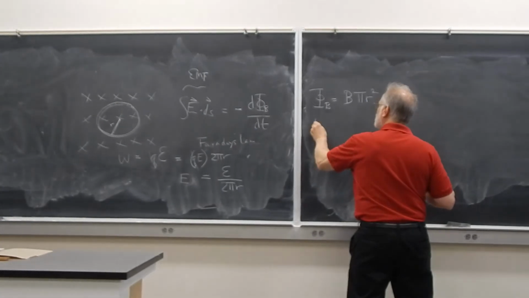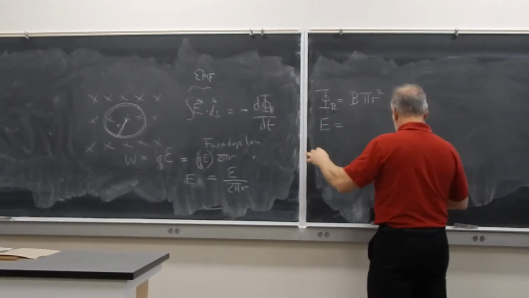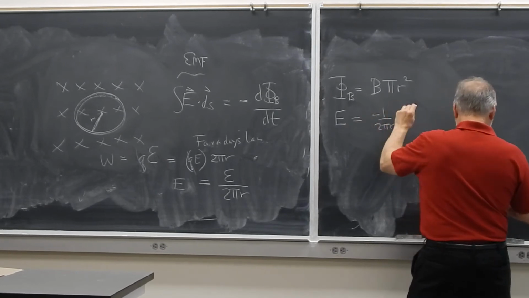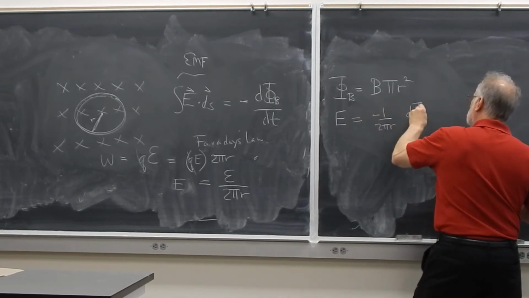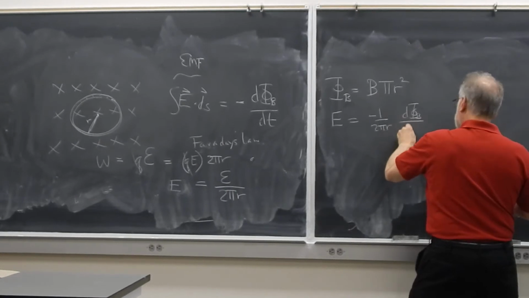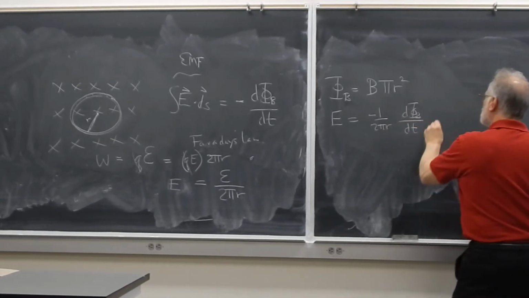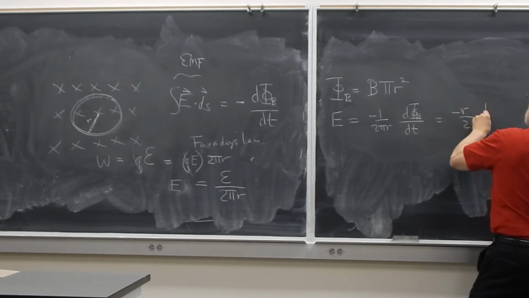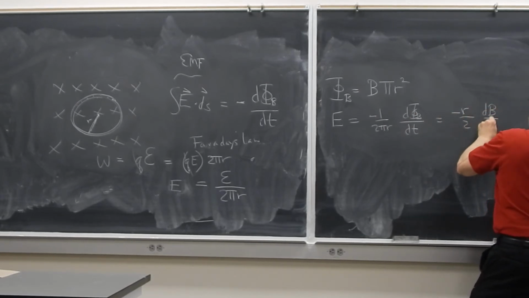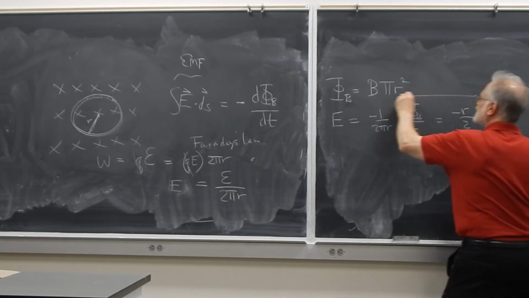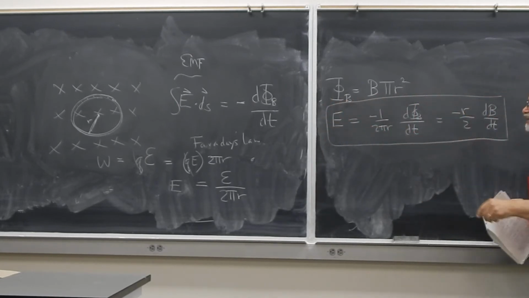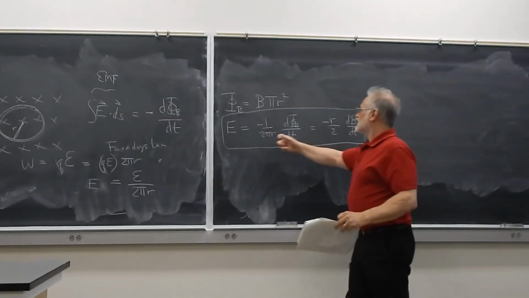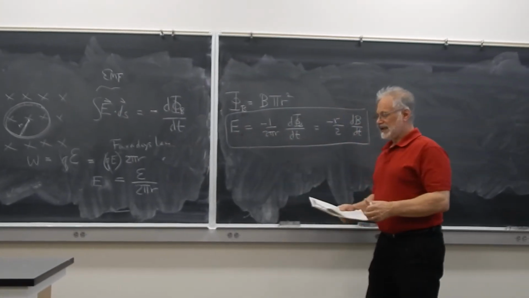And so I could write my electric field and put all this together as minus 1 over 2 pi r d phi dt, or in this case, minus r over 2 dB dt. So you can see very plainly in this very simple example that a changing magnetic field produces an electric field.